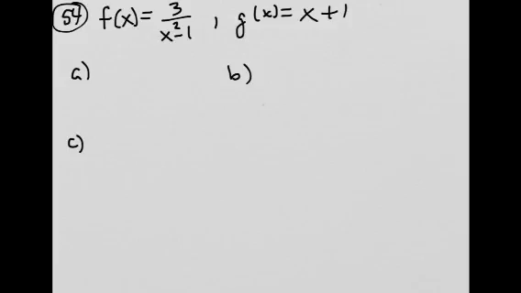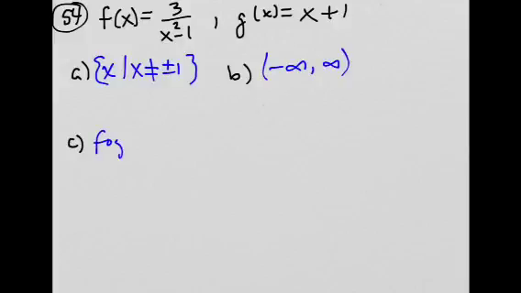For number 54, we're looking for any value of x that would make the denominator 0 and exclude it from the domain. So we know that x cannot be plus or minus 1. So all x such that x cannot be plus or minus 1. For b, g of x is a linear function, so the domain is all reals. And for f of g of x, let me just write that down.